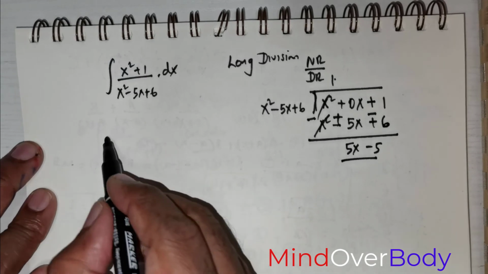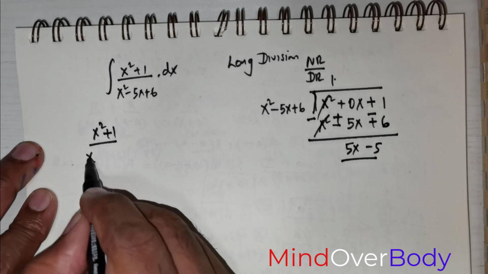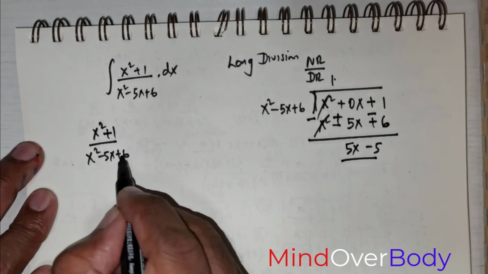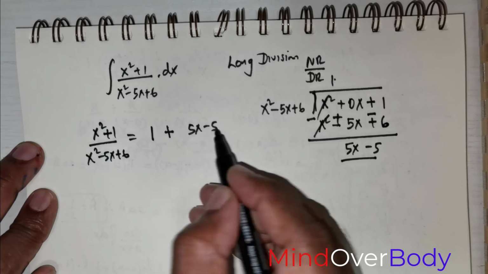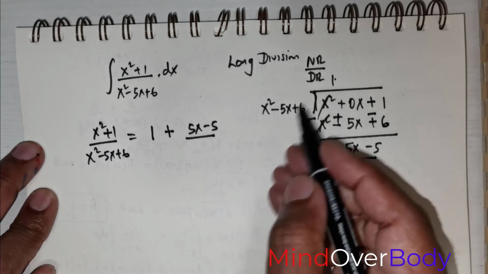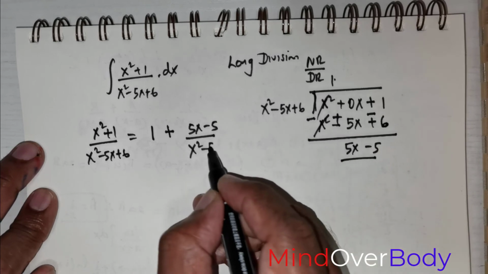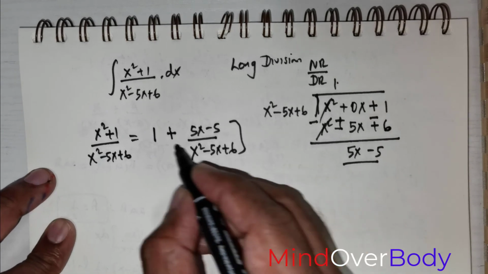So what we are going to do is write (x squared + 1) divided by (x squared - 5x + 6) as 1 + (5x - 5) divided by the quantity (x squared - 5x + 6). This is the way we will have to write.